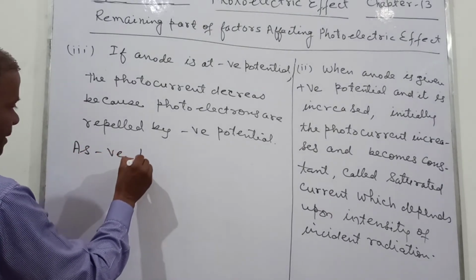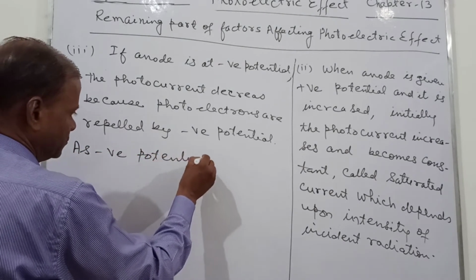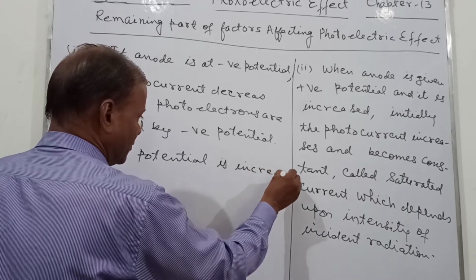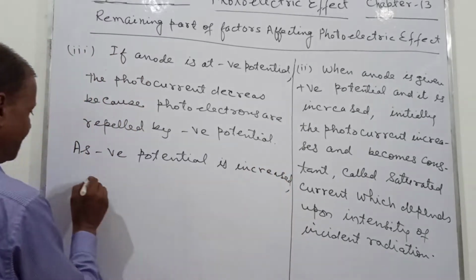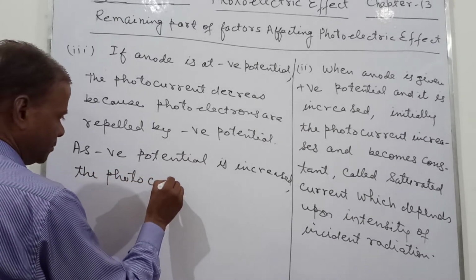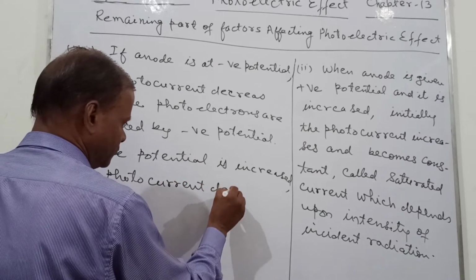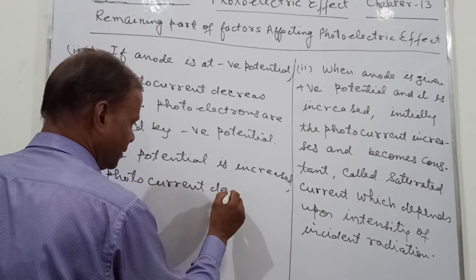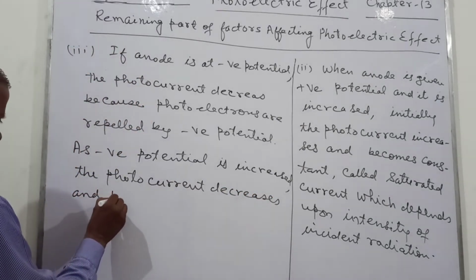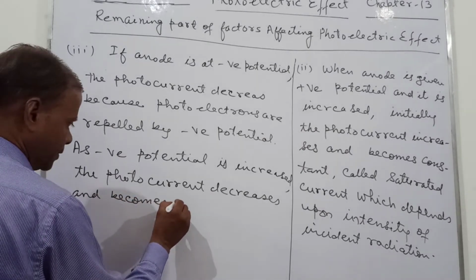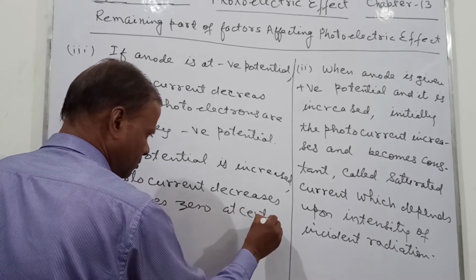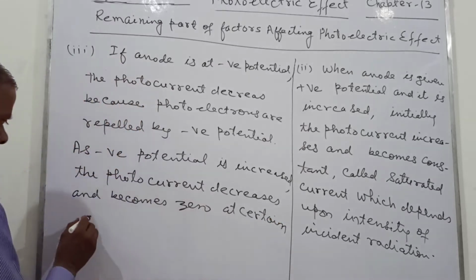As negative potential is increased, the photocurrent decreases and becomes zero at a certain negative potential.